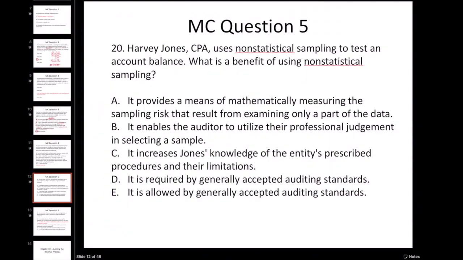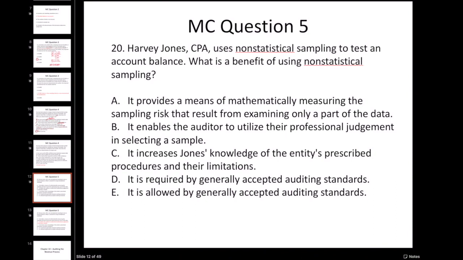Okay, Harvey Jones CPA uses non-statistical sampling to test an account balance. What's the benefit of non-statistical sampling? Okay, so we know the big disadvantage is you can't quantify sampling risk and you can't quantify an upper misstatement limit. But the big advantage with non-statistical sampling is, hey, I can use judgment. I can pick up individually significant items.